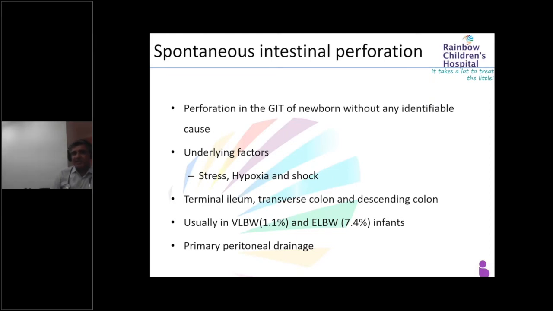It usually occurs in the terminal ileum or the transverse or the descending colon in the large intestine, whereas necrotizing enterocolitis can involve any part of the intestine, usually the small intestine. It can occur usually due to stress, hypoxemia, or shock, and it occurs in approximately 1% of very low birth weight and 7% of extremely low birth weight infants.